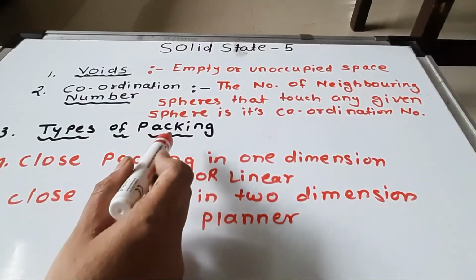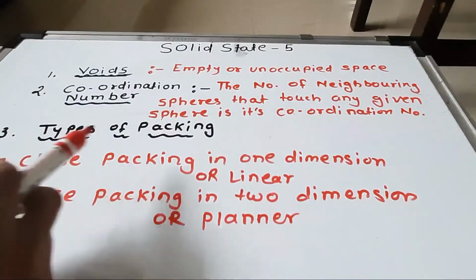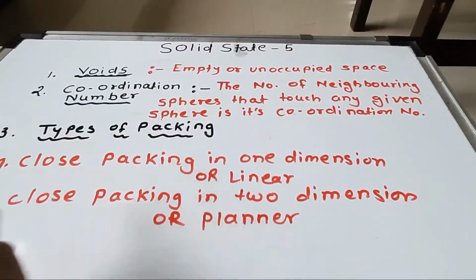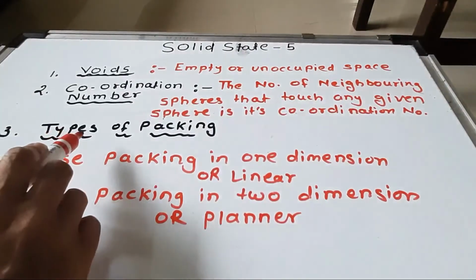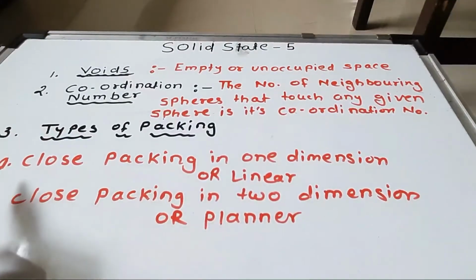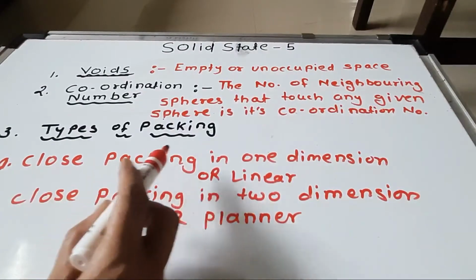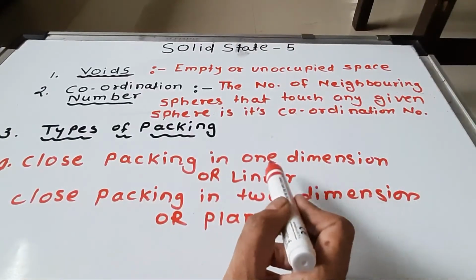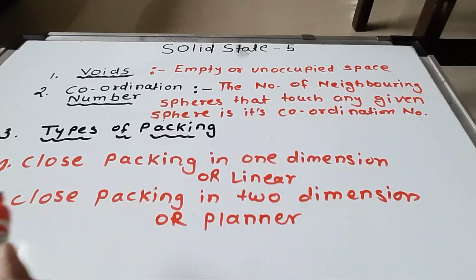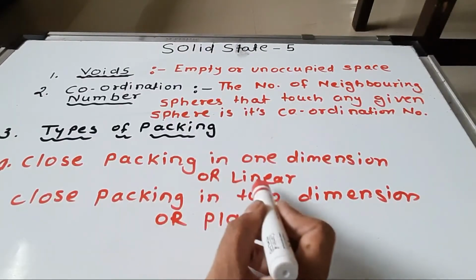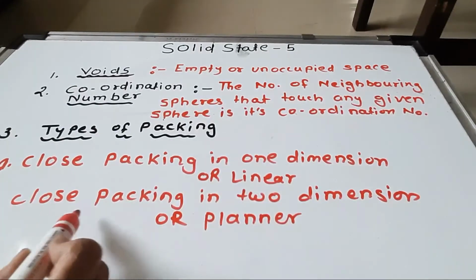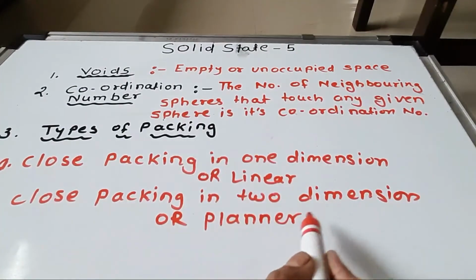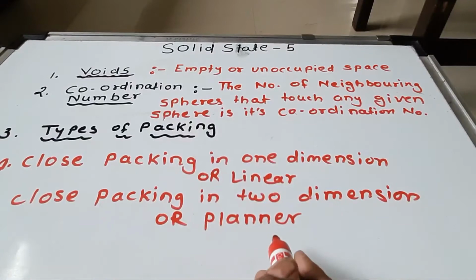I am giving you a detailed study by drawing the diagrams. So there are three types of packing. First one is close packing in one dimension, also known as linear packing. Second one is close packing in two dimensions, or planar packing.